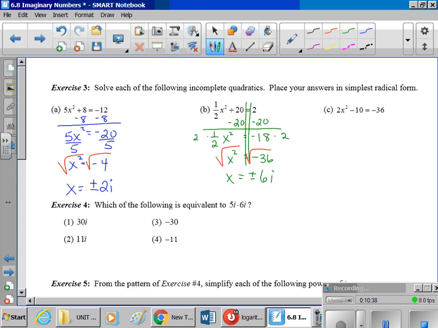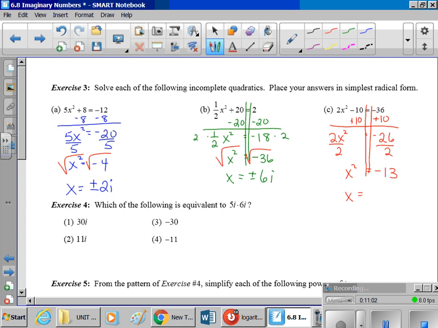Moving on to C. Remember, if I'm going too fast, pause. Add 10. 2x squared is equal to negative 26. Divide by 2. x squared is equal to negative 13.